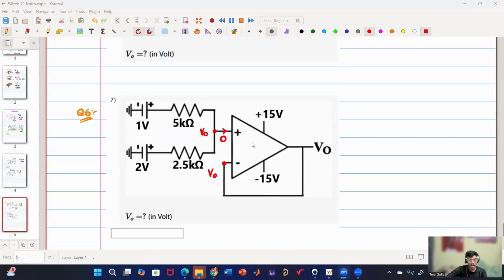Okay, so now how can we solve for V naught?